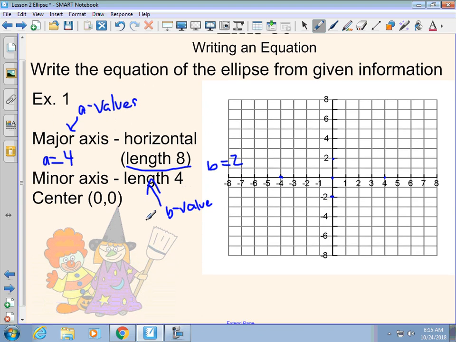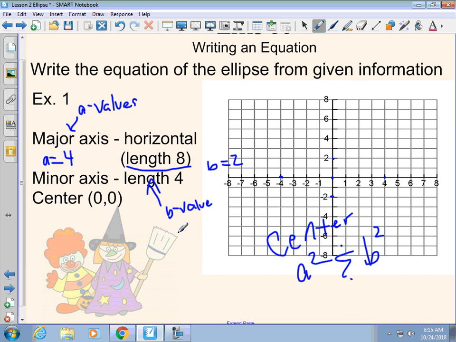Now we have all the pieces we need, right? Every time you do an equation like this, please make sure you find the center and then your A squared and your B squared. Those are the pieces we need to make the equation. And again, if you do not have the equations memorized, you need to do so. It's (x minus h) squared over either a squared or b squared, depending on if it's horizontal or vertical, plus (y minus k) squared over either a squared or b squared, depending on if it was horizontal or vertical, and it always equals 1.